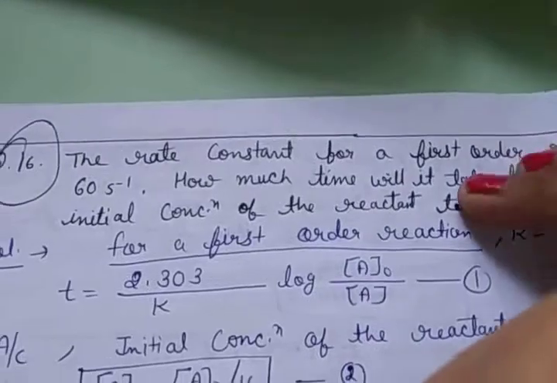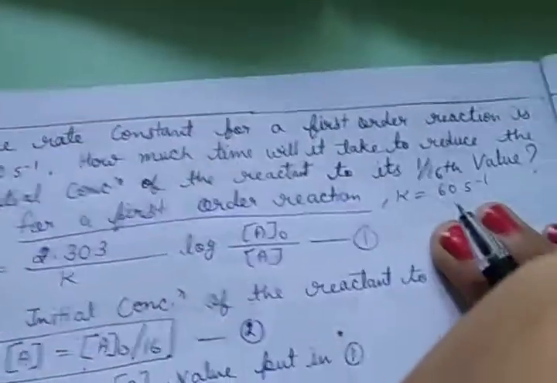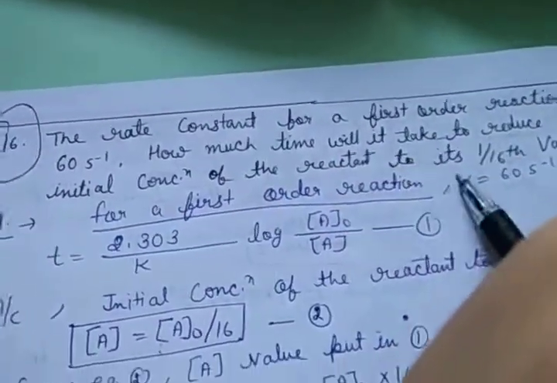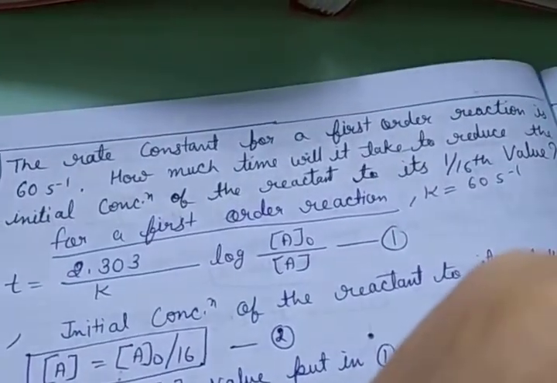Question number 16, the rate constant for a first order reaction is 60 second inverse. How much time will it take to reduce the initial concentration of the reactant to its 1/16th value?